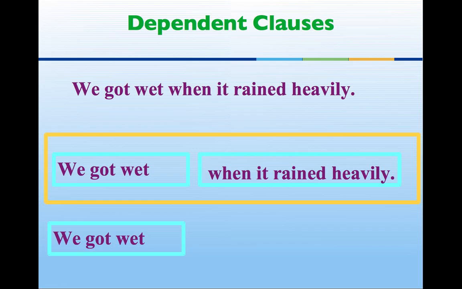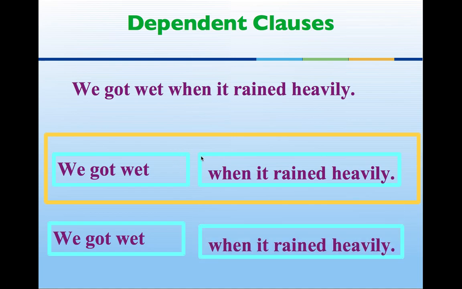If there is no confusion, we can say this is an independent clause. If there is a confusion, or if any question arises, you can say this is not an independent clause. It depends. Does it depend on this part?